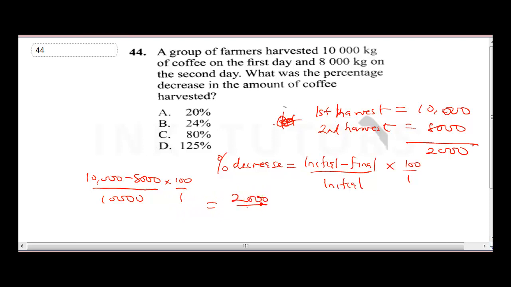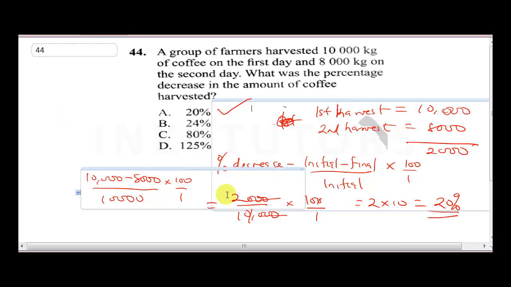So the 3 zeros here will cancel the 3 zeros, and 1 zero here is going to cancel 1 zero. So we just have 2 times 10, and that will give us 20%. So that's our final answer. That means the decrease of 2,000 is actually 20% of 10,000.